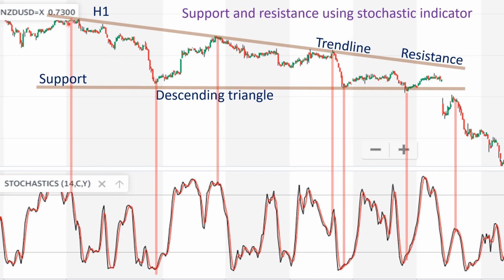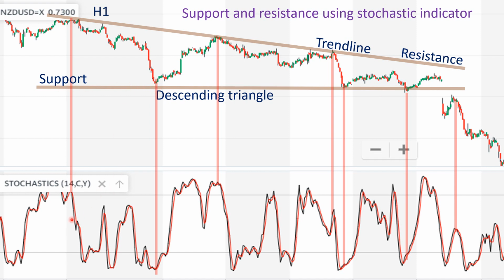Now if you go short around the resistance area, then you have to put your stop loss 1 or 2 ATR above this trend line. And if you go long around the support area, here or here or here, then you have to put your stop loss 1 or 2 ATR below the support area.